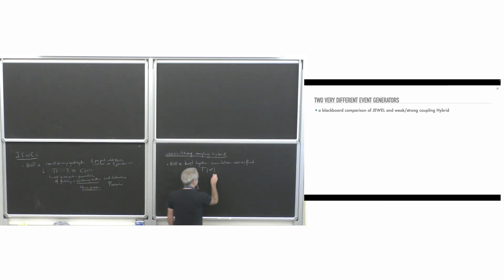Here, interaction between propagating parton and QGP is something strongly coupled. So it's certainly not something that I draw in a Feynman diagram. Okay.